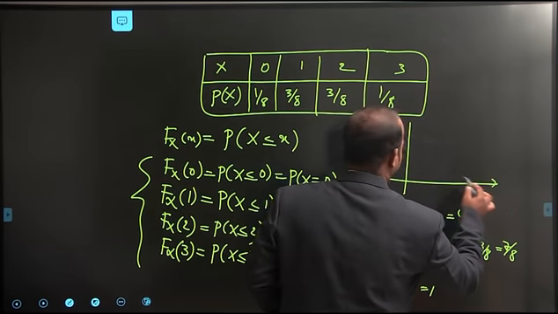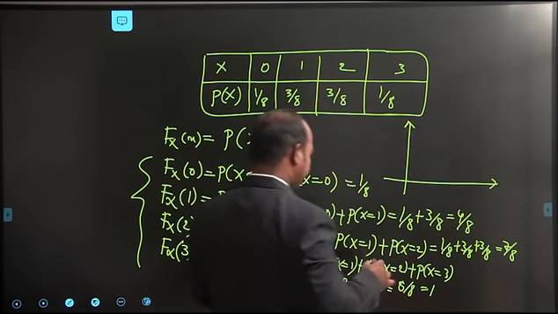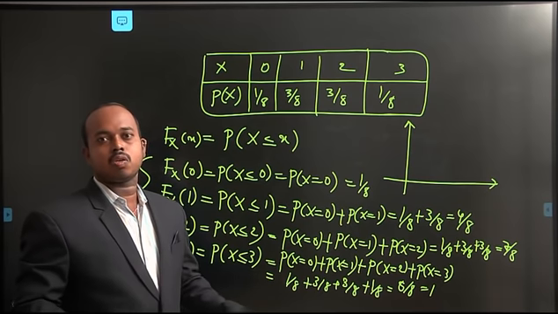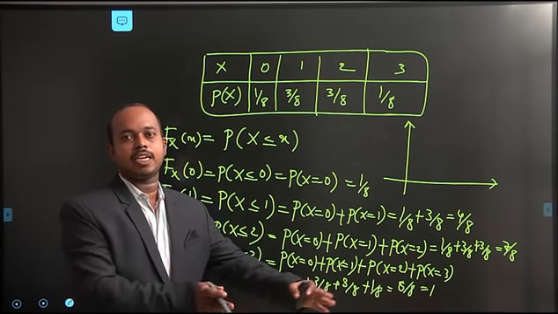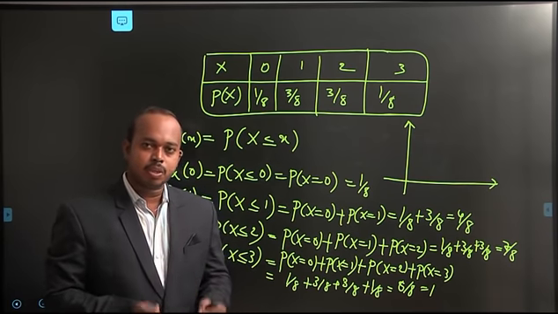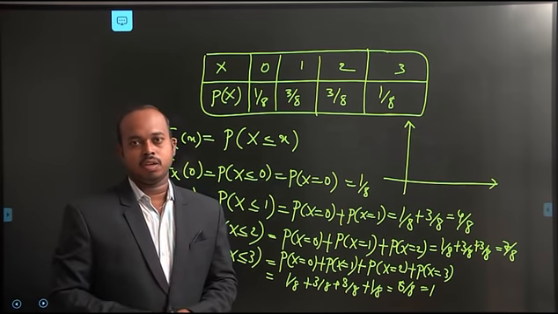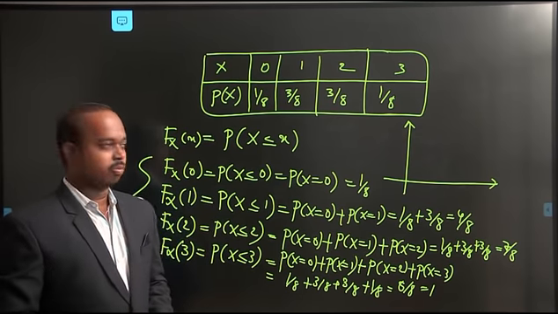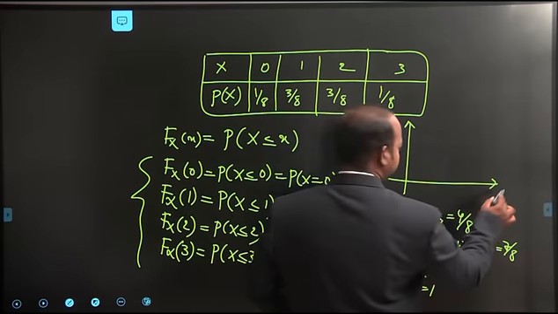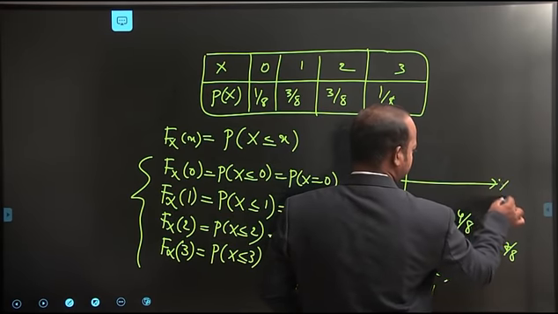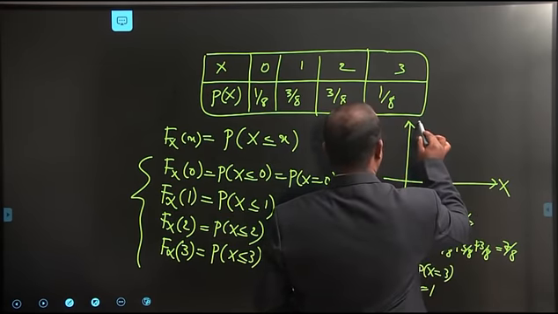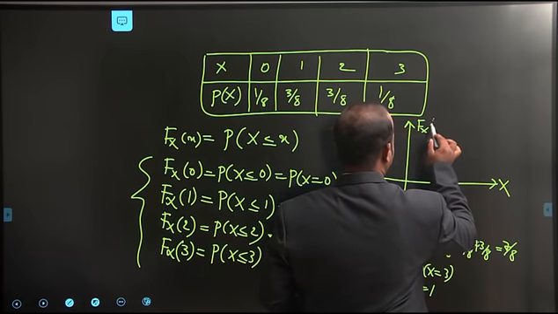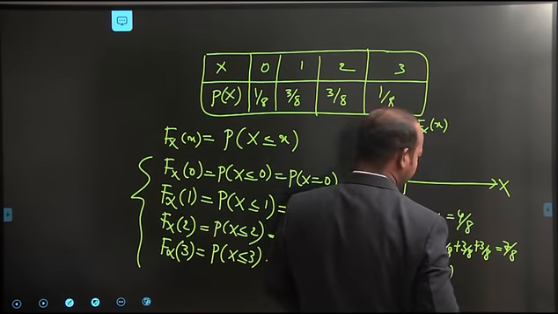Here, tossing a coin belongs to a discrete random variable. That's why I am representing the graph in a step form. I represent the random variable in the horizontal direction, that is capital X, and the distribution function is F_X(x).